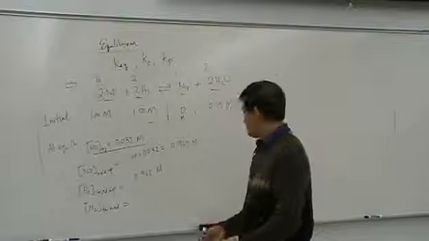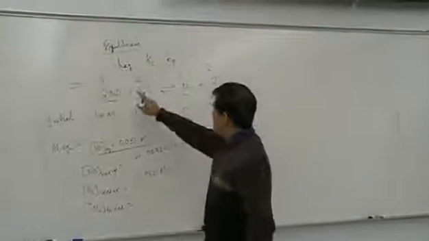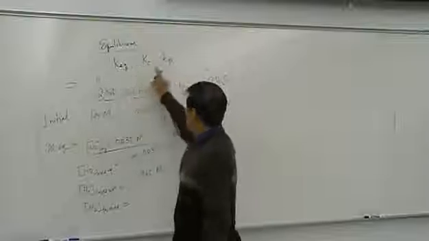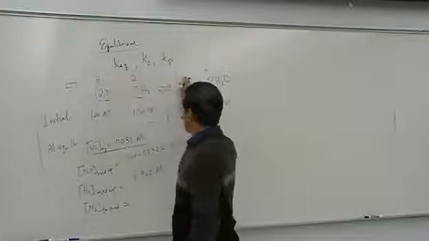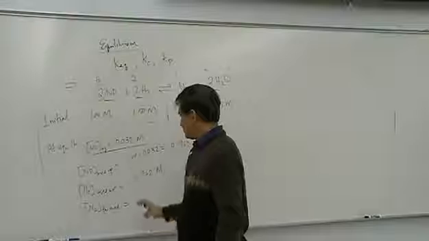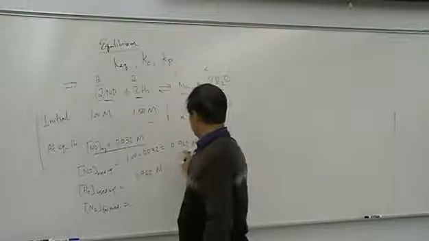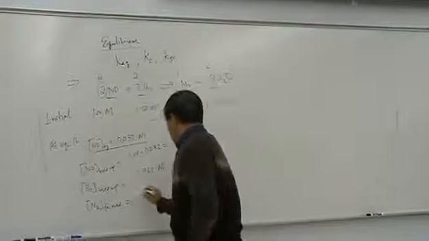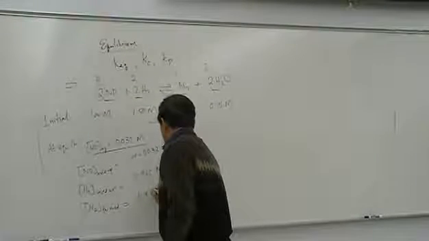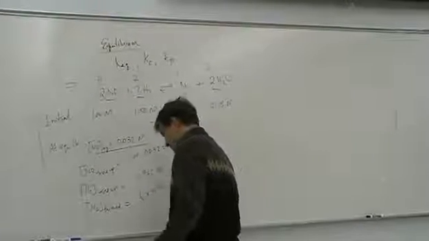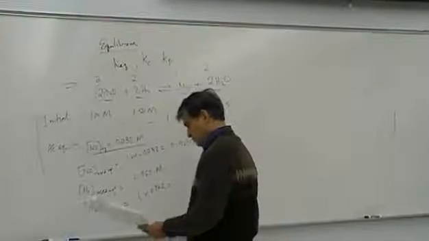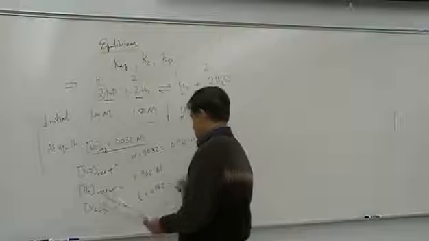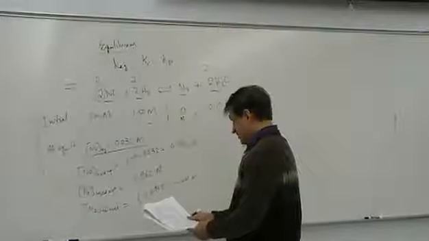This is used up, this is formed. 2 and 1, so that means it becomes half of this number. We know that NO used up is 0.962. Half of that would be for nitrogen. It would be half times 0.962, and that's going to be 0.481 nitrogen formed.